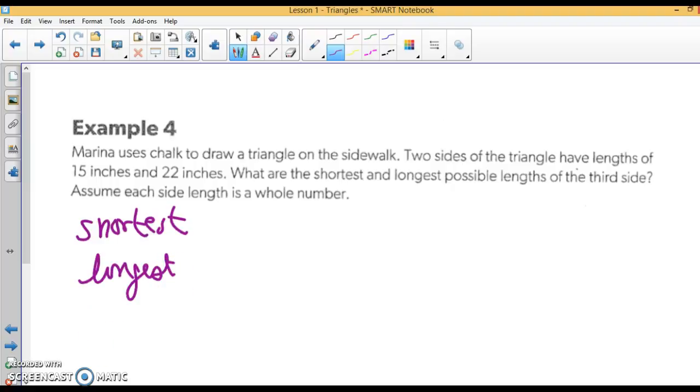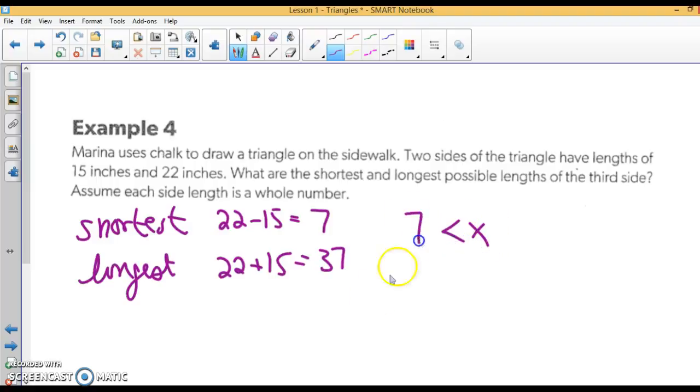I'm going to do this in class with actual sides of triangles so it's easier to see. But to find the shortest possible distance, take the other two sides and subtract them. 22 minus 15 is 7. And for the longest side, take 22 plus 15, and you will get 37. So our side, we're going to call it X, has to be greater than 7 and less than 37.